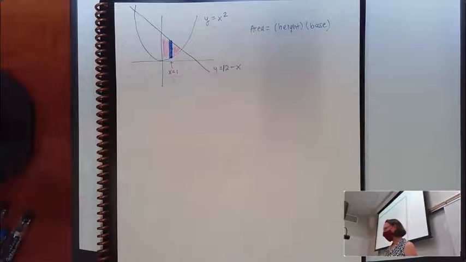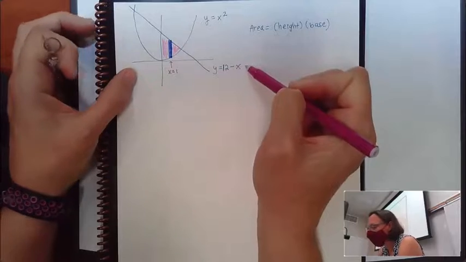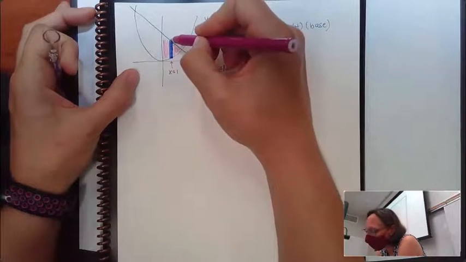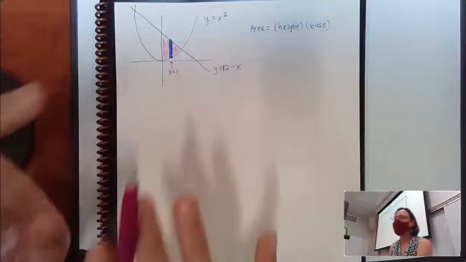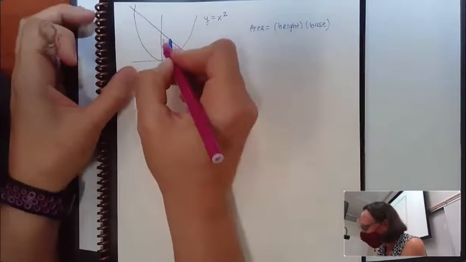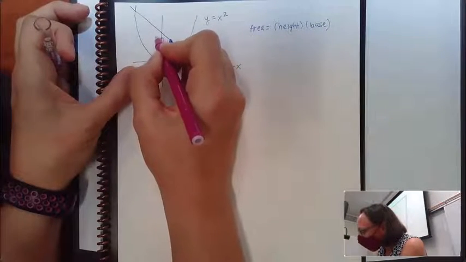Okay, I like that. We can plug it back into something. So if I plug the 1 into the 12 minus x, what height would I be at? 12 minus 1. I try to keep the numbers easy. We're at 11, right? Okay. So right here, the height is 11.